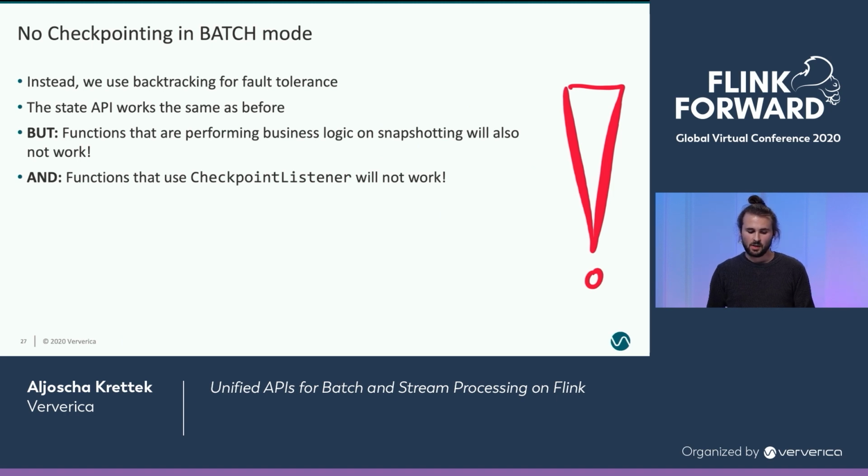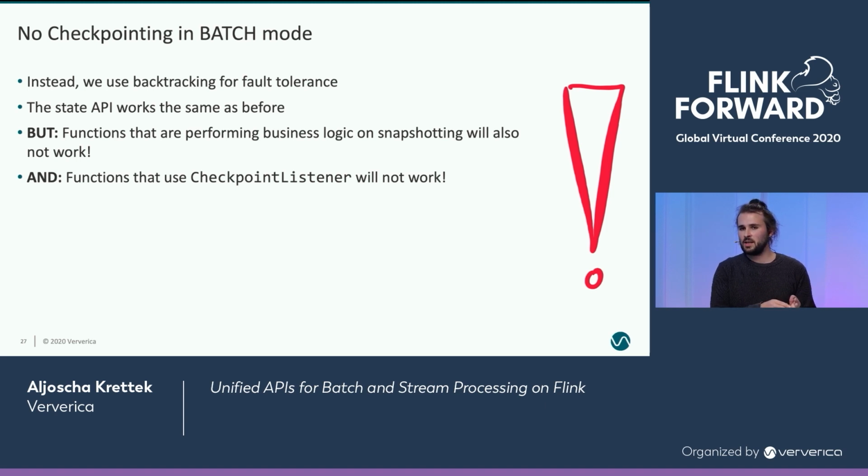So that's important. There's no checkpointing in batch execution mode, so this means that functions or operators that relied on checkpointing, if they were doing business logic on every snapshot or when they were listening for completed checkpoints, that doesn't work, which is a bit of a complicated thing because it also affects the built-in sinks that Flink has. I'll get to that in a second. But you can still use the state API as before.